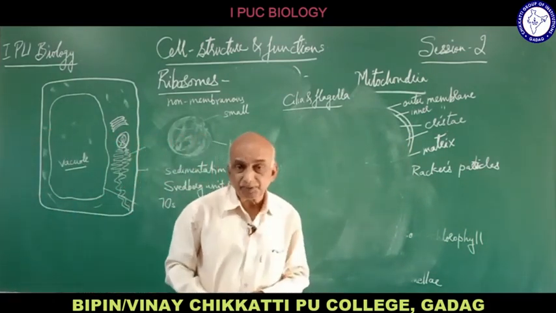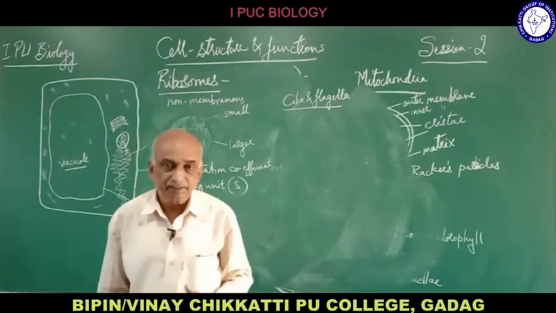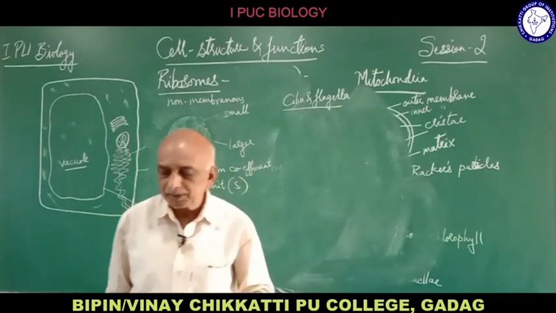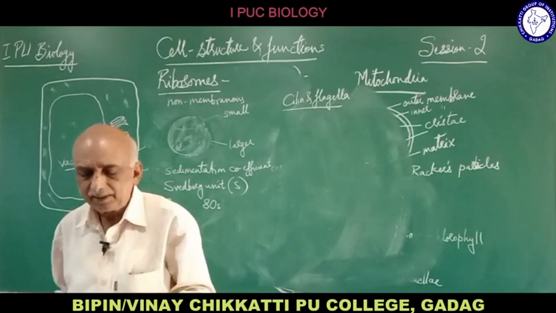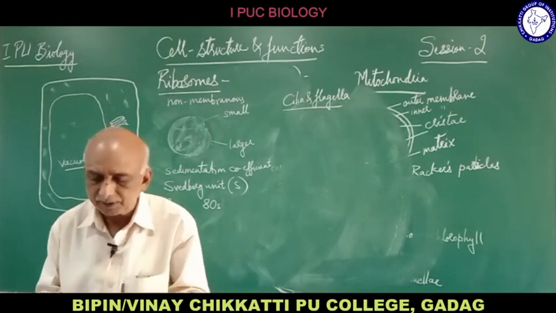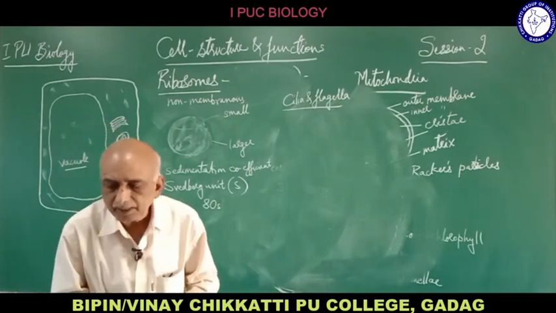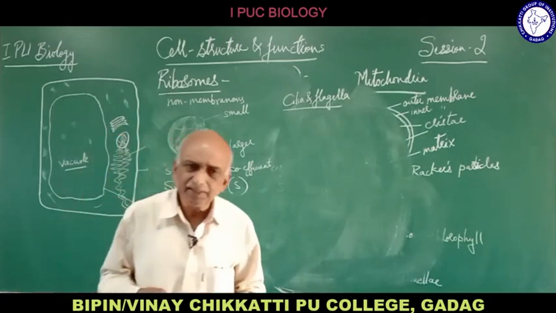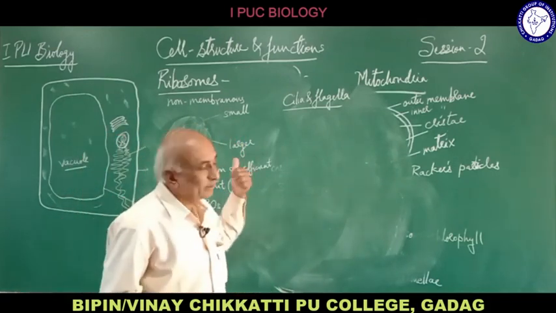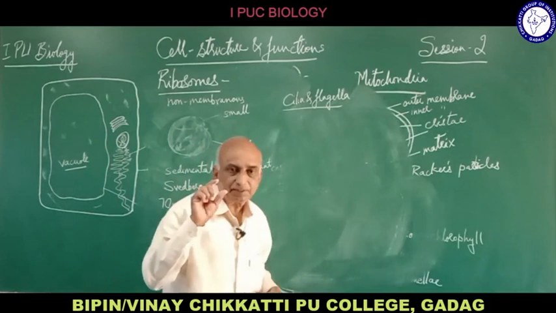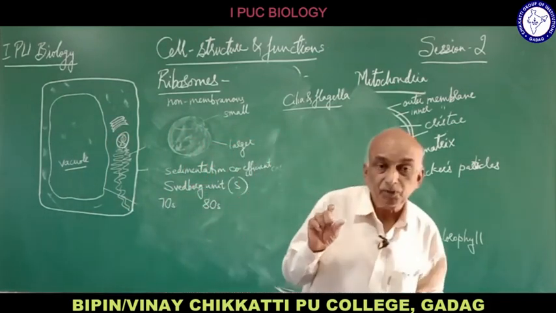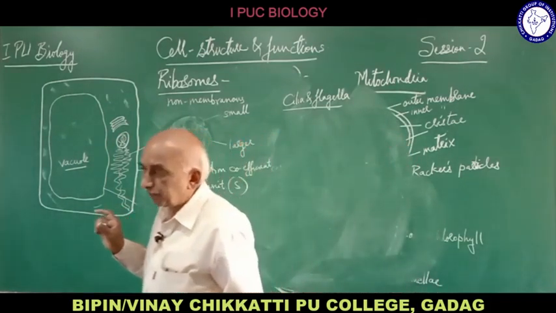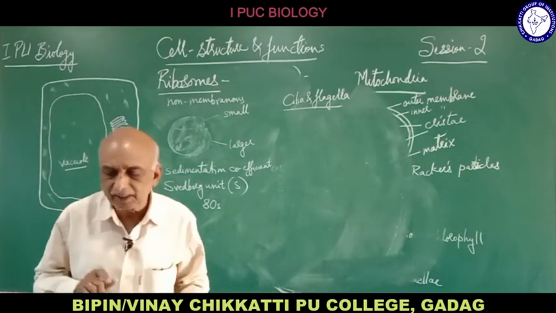The difference between cilia and flagella is in size, but the chemical composition is the same. Structurally they have the same parts, only the size differs. Cilia are very small hair-like projections, whereas flagella are long thread-like structures.